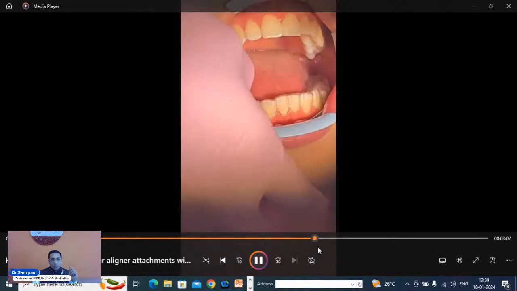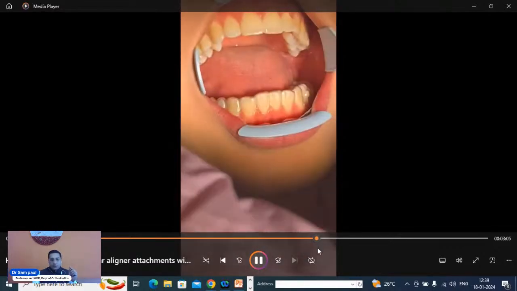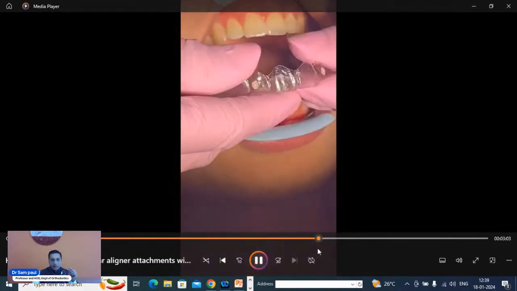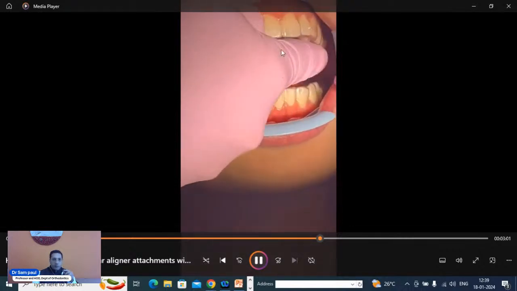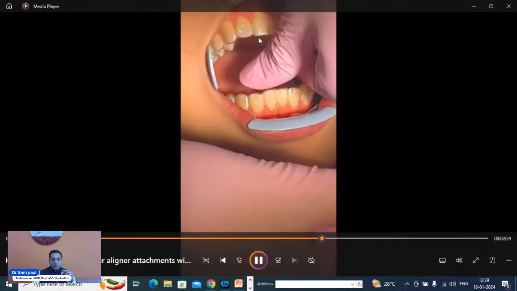Then you load the same aligner tray, which is a template where we have already placed the flowable composite, and you place it onto the patient's teeth, and it should fit perfectly onto the teeth, and you do the light curing.